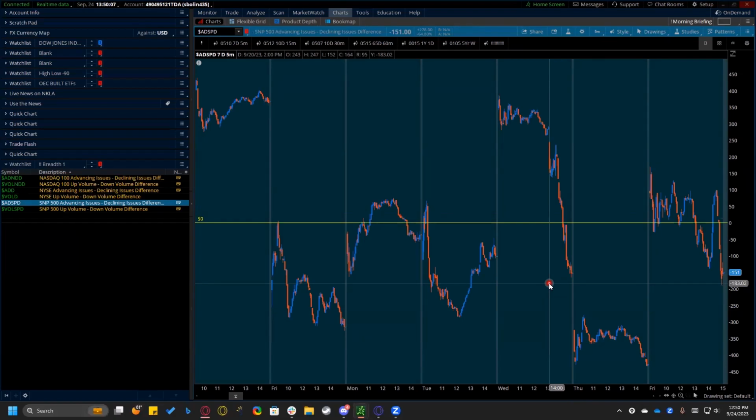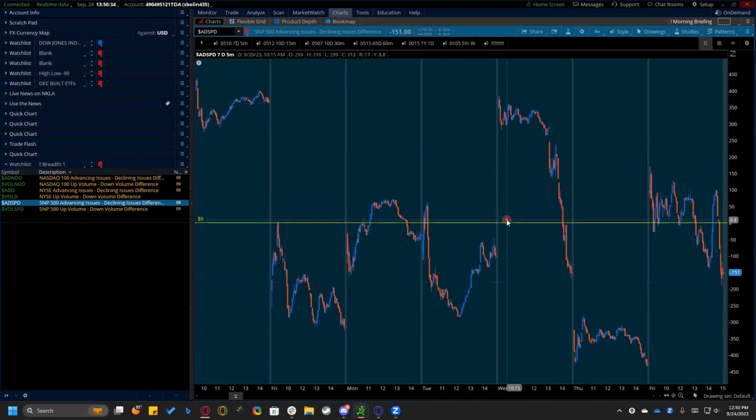There's not really a time frame that is too specific. So I wouldn't get hung up on, do I need to see this on a 5 minute, a 1 minute, a 10 minute, a 30 minute? Because at the end of the day, it's cumulative, right? It's adding up these numbers. And so no matter what time frame you're on, the number is still going to be the same.